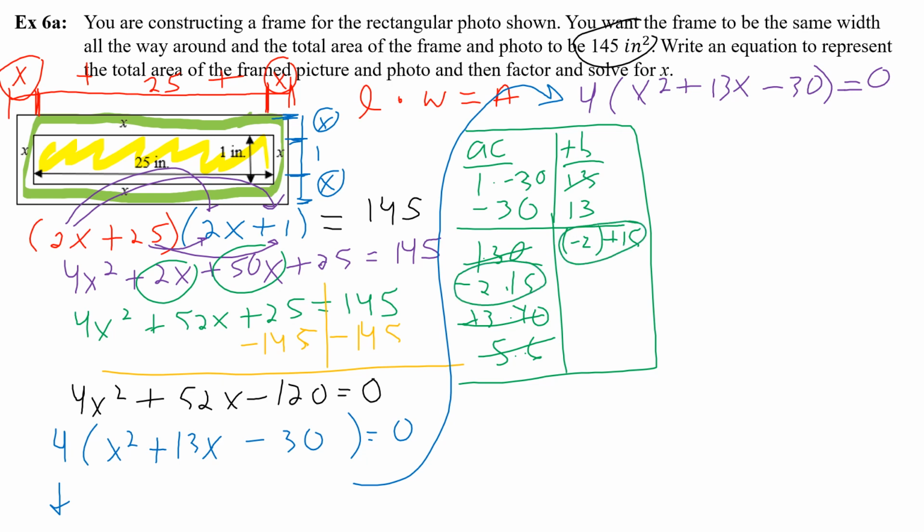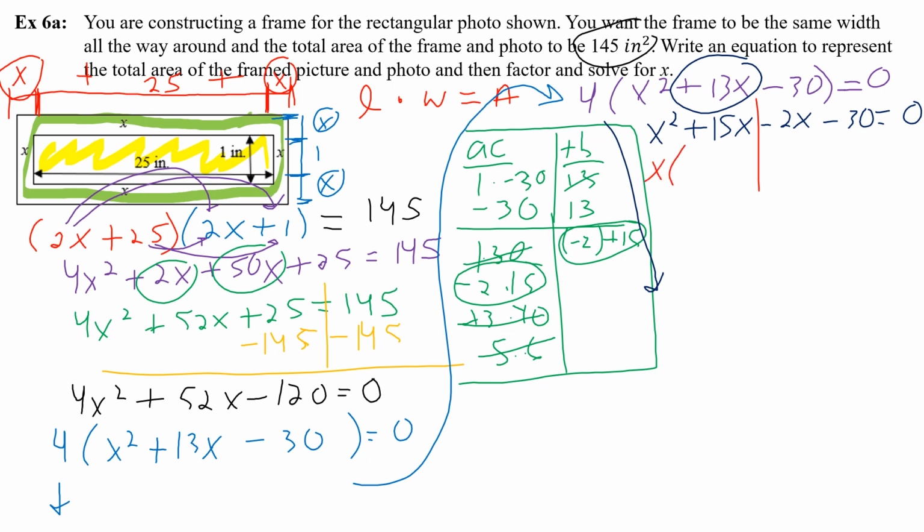All right. So again, we're going to bring down that 4. And then we're going to work with the middle. So rewrite the middle term. So we have x squared plus 15x minus 2x minus 30 is equal to 0. Cut it down the middle.